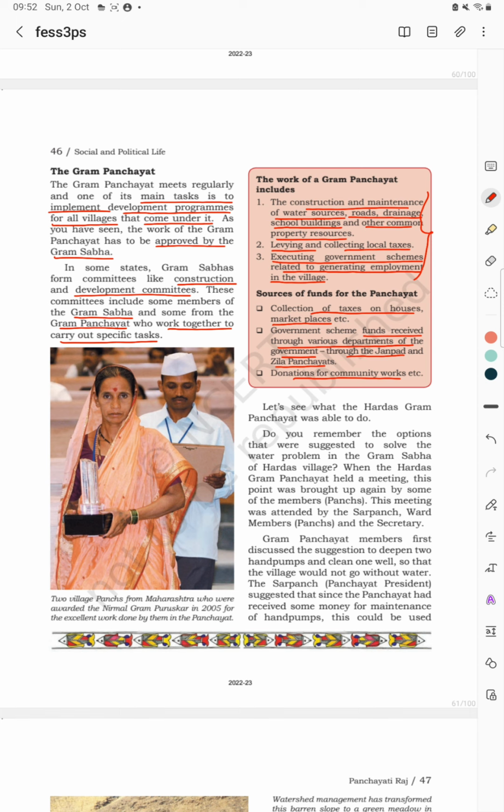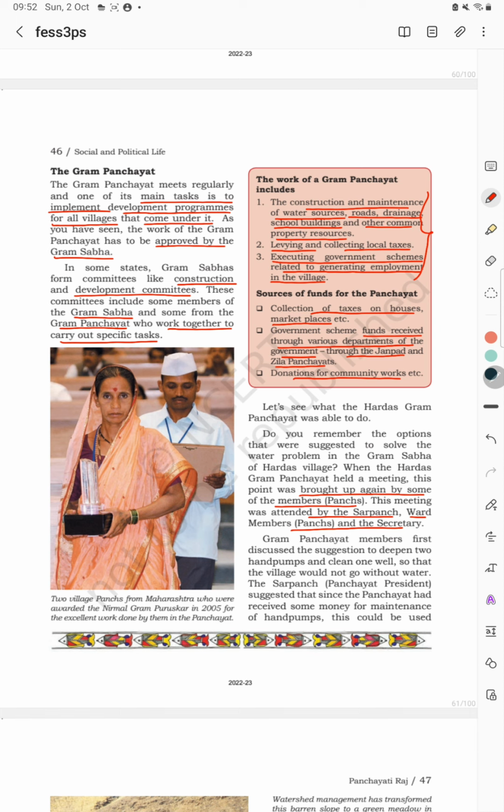When the Hardas Gram Panchayat held a meeting, this point was brought up again, and in another meeting it was brought up again by some of the Panch members. The meeting was attended by the Sarpanch, ward members, and the secretary.